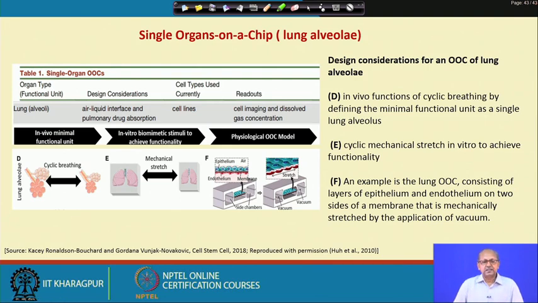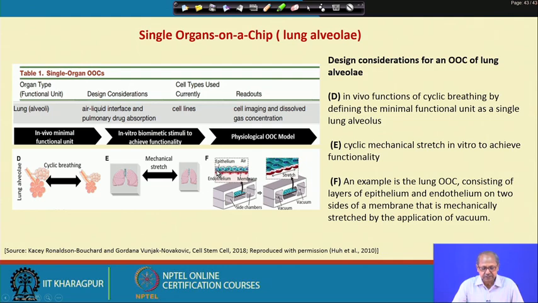There is an exchange of gas, means air, oxygen and interstitial fluid carbon dioxide exchange. That function is due to the cyclic stretching of the lung, when you are breathing and exhaling. So, mimicking that cyclic stretching in the microfluidic platform gives the unit of your lung alveoli. So, how is this structure formed?